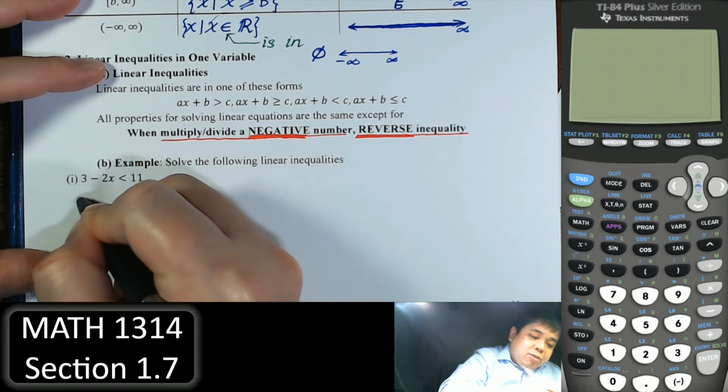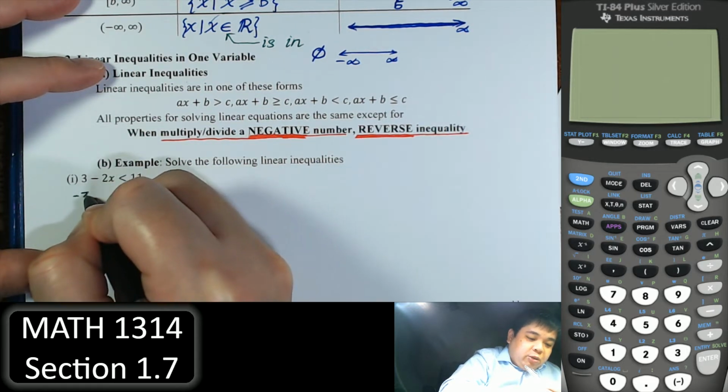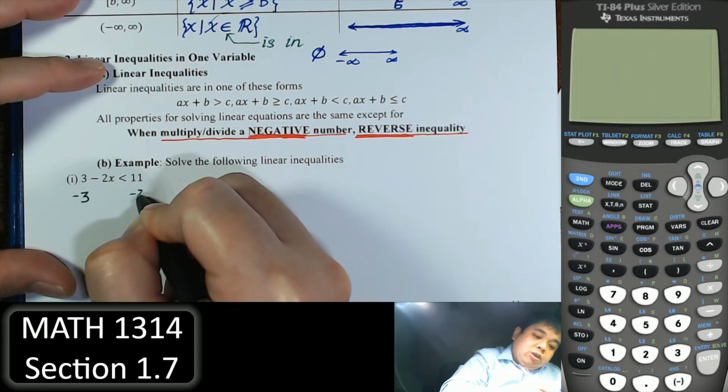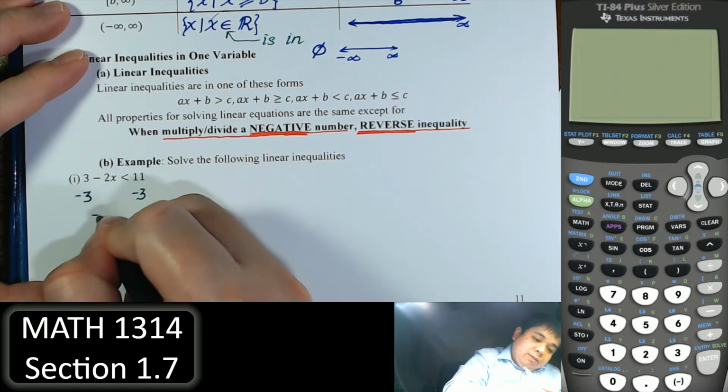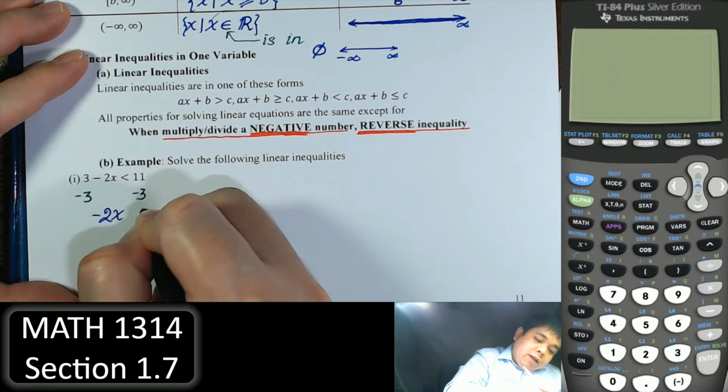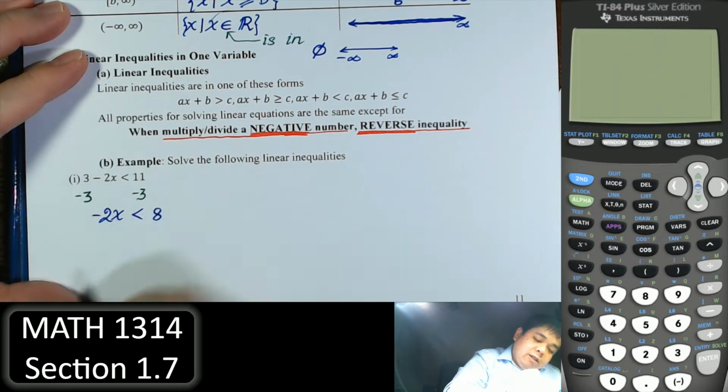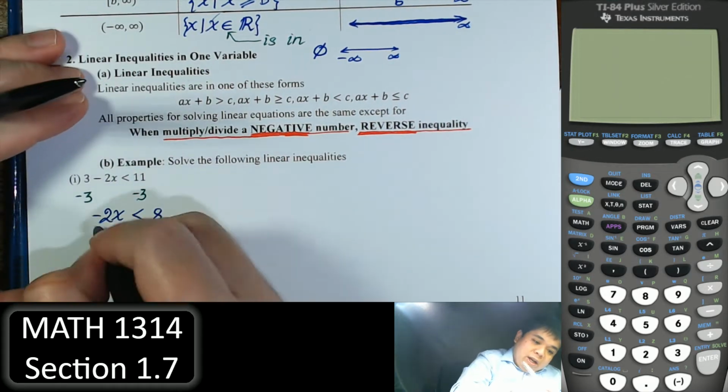So try to get x by itself, just like when solving an equation. So subtract 3 on both sides, we have negative 2x less than 8, and then we divide by negative 2 on both sides.